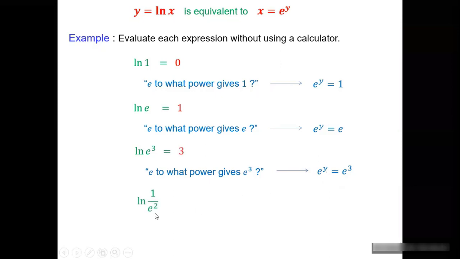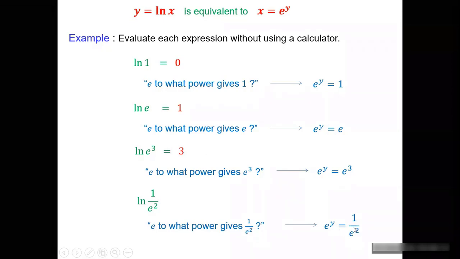Why don't we take a look at ln of 1 over e squared? This is saying that e raised to what power gives me the argument of 1 over e squared? Well, it's still a little tough to see because I can't really make both sides look the same.